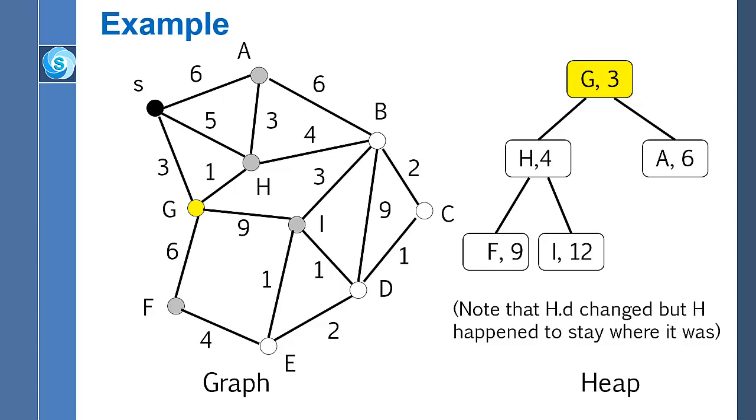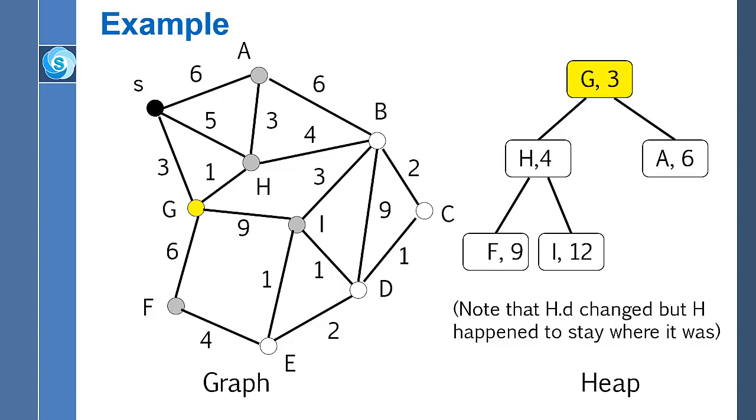But H, we cannot ignore H. H has been discovered, but H has not yet been processed. So we have to pay attention to H. In the current context, capital G plays the role of little v, the little v vertex that we discussed earlier, and capital H plays the role of the little u vertex that is a neighbor of little v, right?